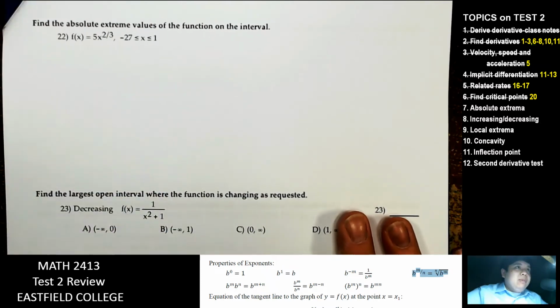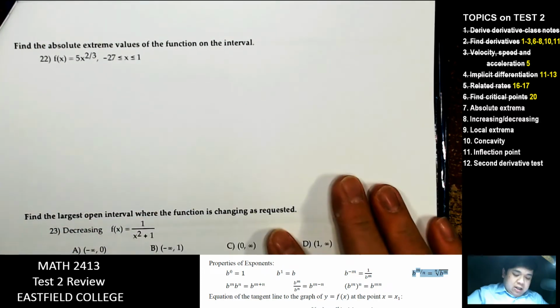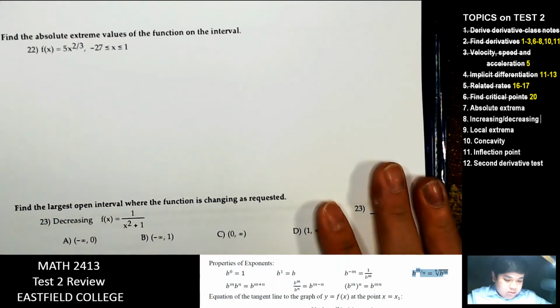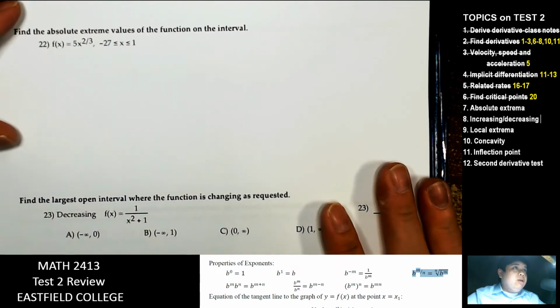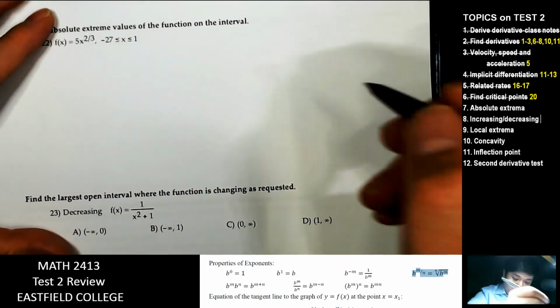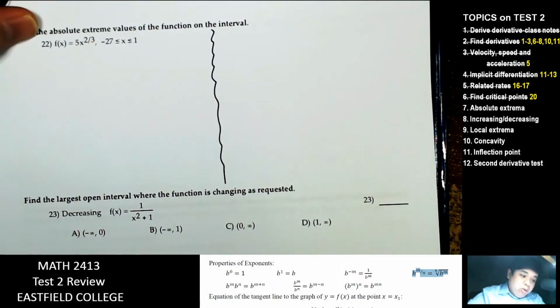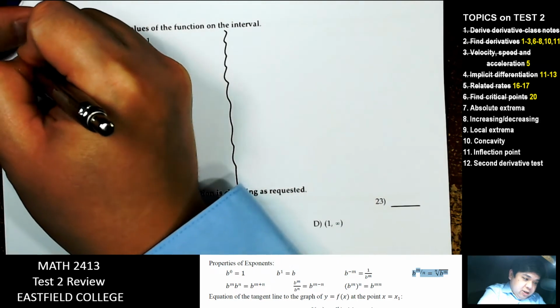Right. Now this is absolute max, absolute min. So we do the same thing. Most of these problems will have two steps, and on the test you need to have those two steps. The first one is we take the derivative.